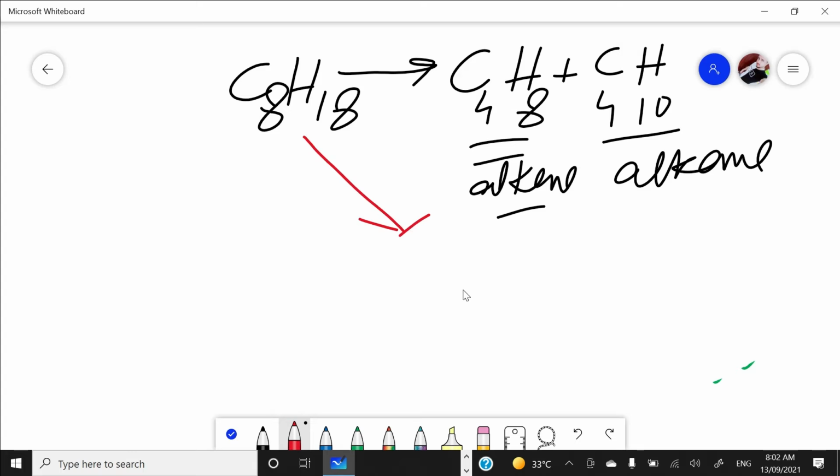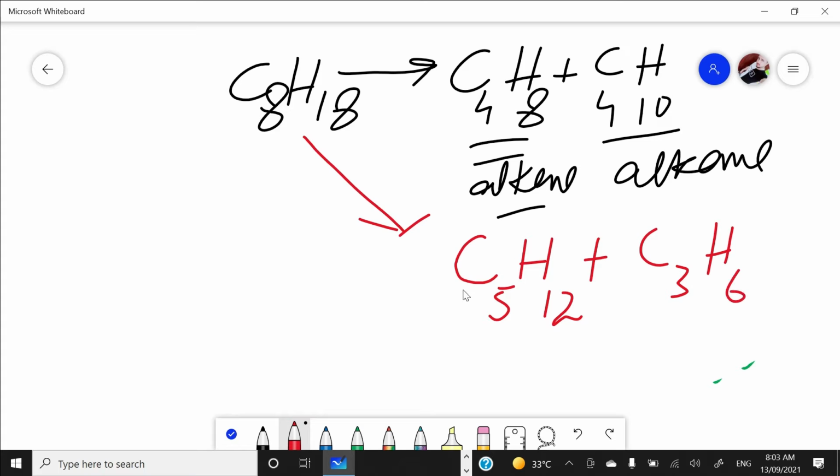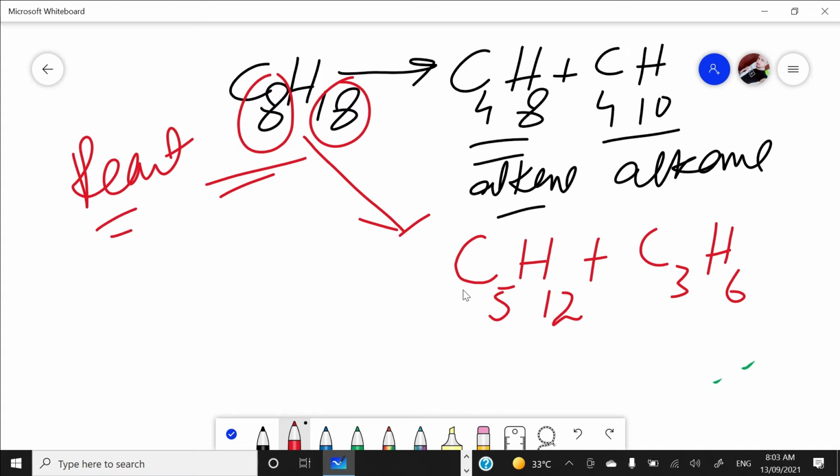For example, it can be C5H12 plus C3H6. Keep in mind the number of carbon and hydrogen on the reactant side should be the same as the total of the product side.